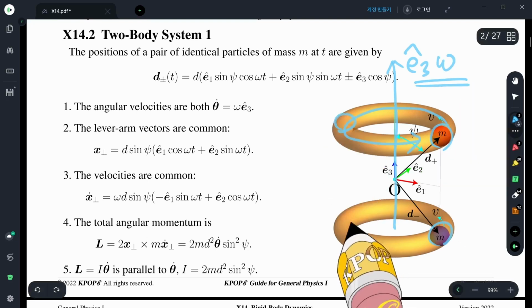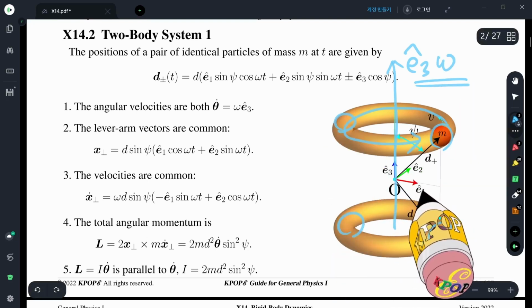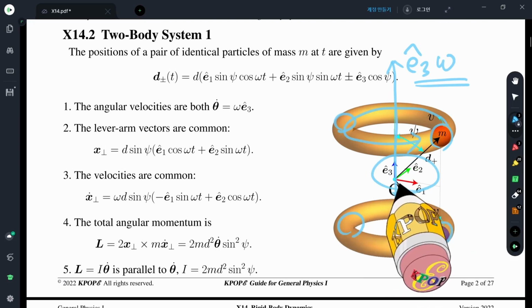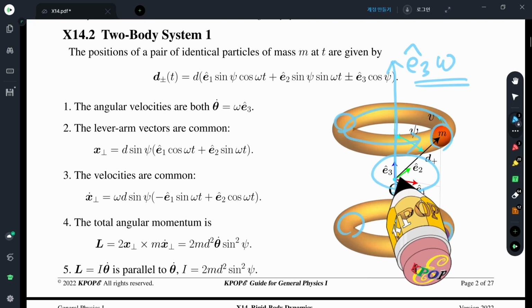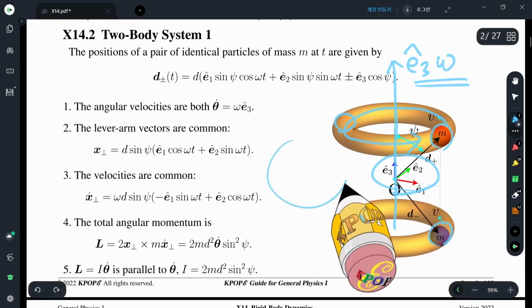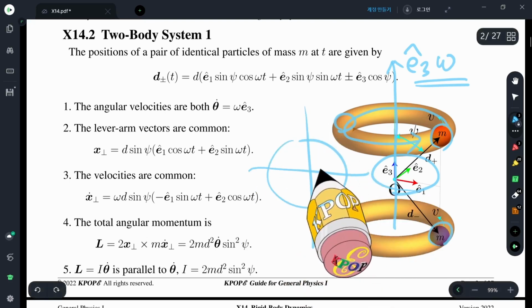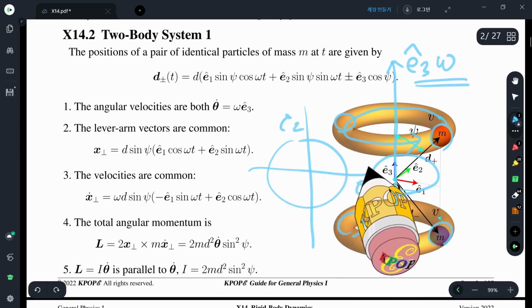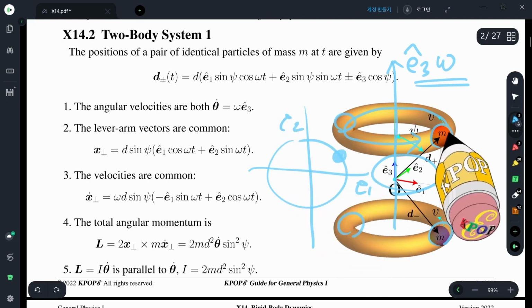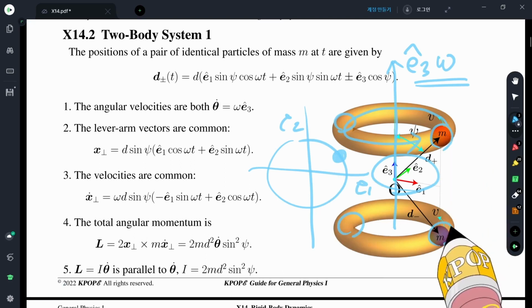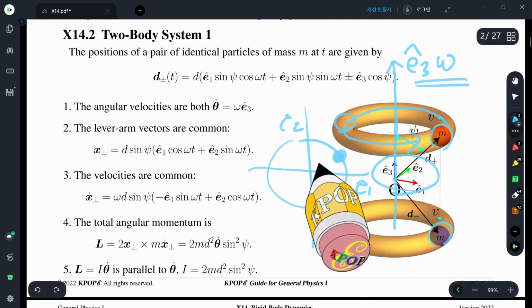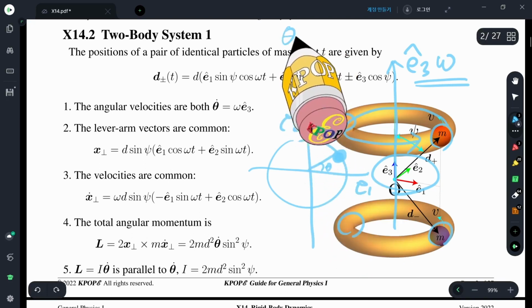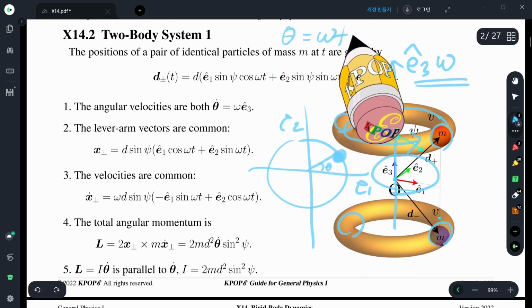We can choose the xyz directions in such a way that the xy projection of the motion of each particle is the same as this. There is the polar angle theta, and we use theta equals omega t.